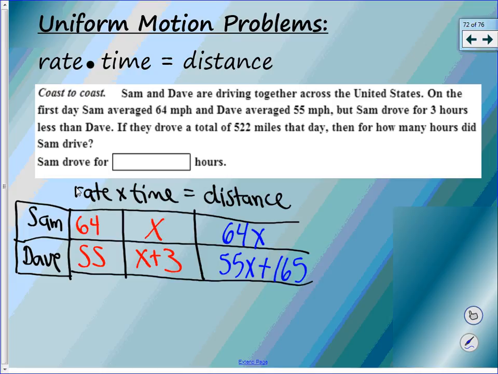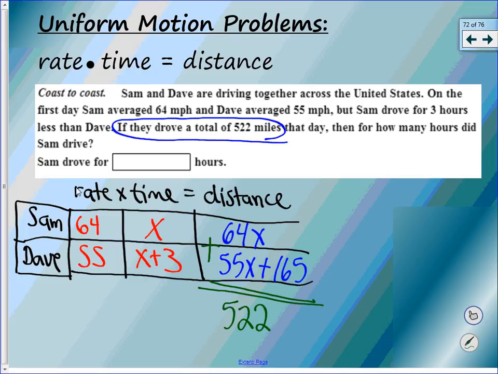Then I read, they drove a total of 522 miles that day. Again, that says total. It could say that Sam drove a certain amount that day or Dave drove a certain amount that day. It doesn't. It says they drove a total. So that means these add up to 522 miles. In other words, 64x plus 55x plus 165 equals 522. So we're going to have some like terms to combine.